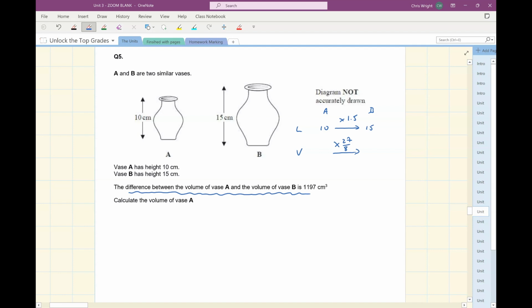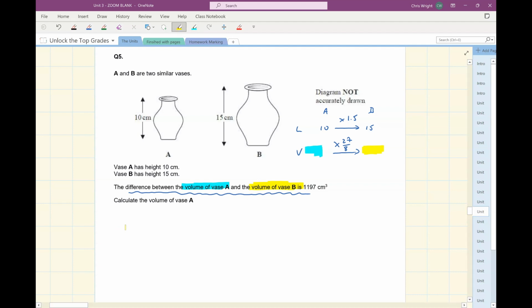Okay, now the difference between the volume of vase A and the volume of vase B. So the volume of vase B, which is that number, subtract the volume of vase A, which is that number, has to equal 1197.